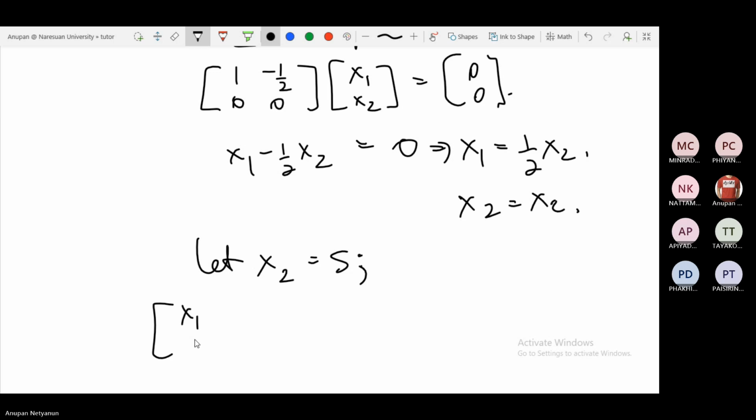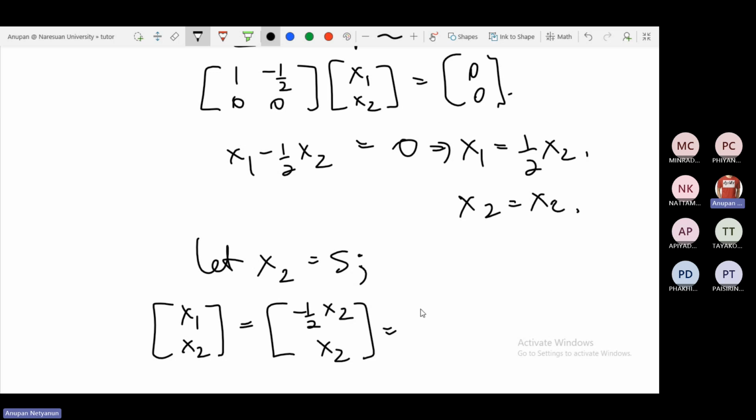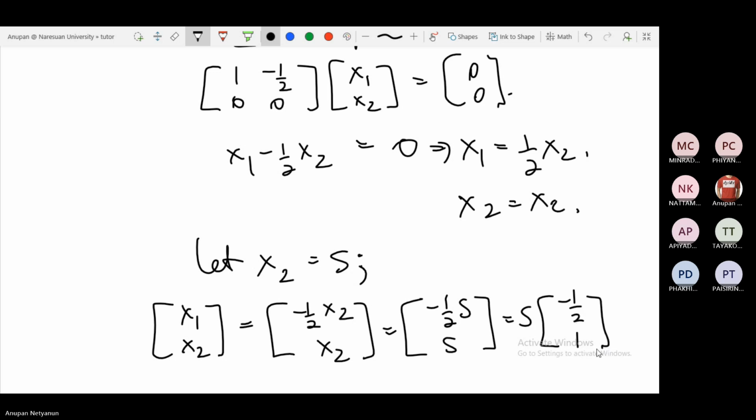Let me write it as a column vector. x1 equals this guy, and x2 equals x2, and we let x2 equal s, so we plug in s over here. s is a common factor, so I pull it out. So that is your answer.